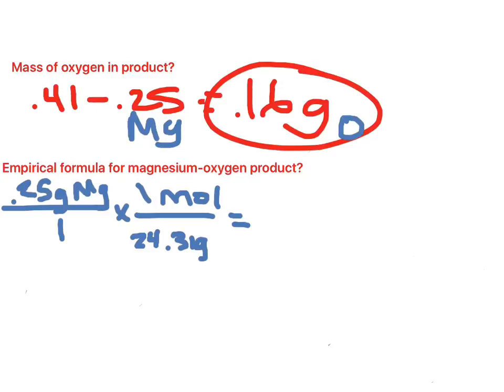let's do it out on the calculator, 0.25 divided by 24.31 equals 0.01028. Okay, that's basically what you get, but for this case, make this smaller, because I don't have any room.